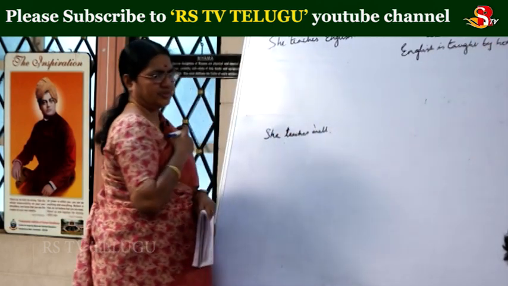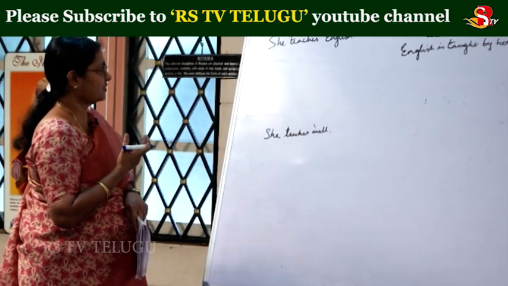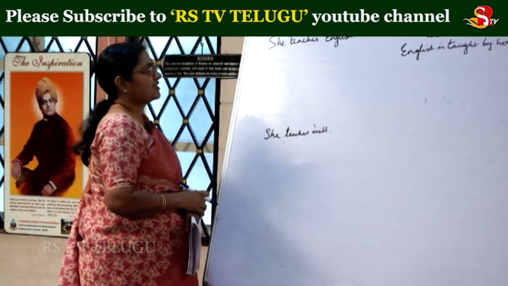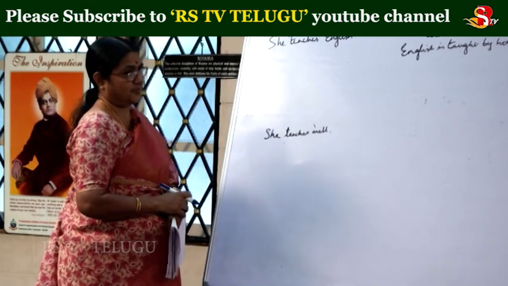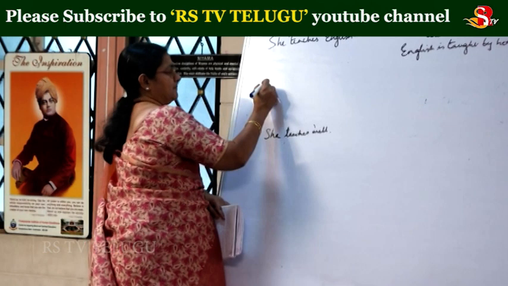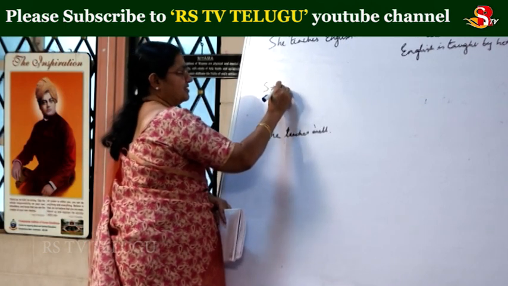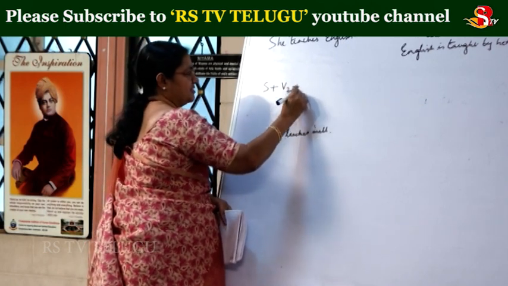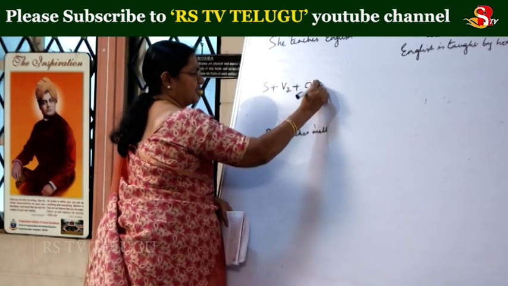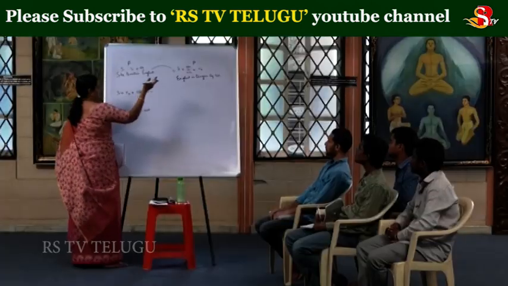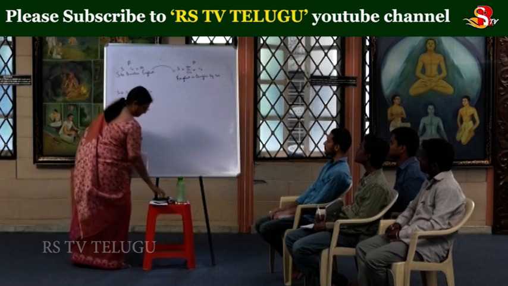Okay. Simple present. Okay. What is the structure for simple past? Subject plus V2 plus object plus other words. You can have anything in the sentence.